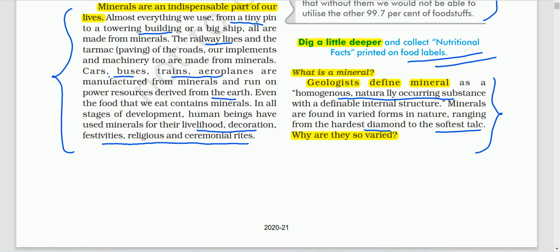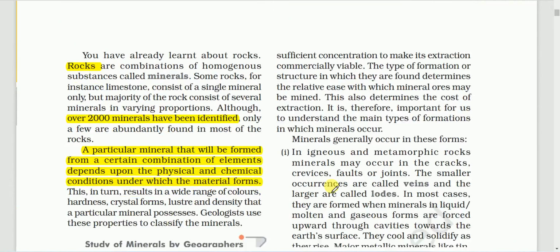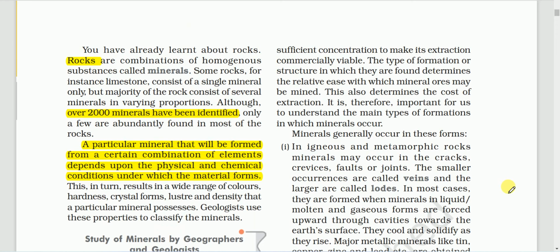And why are they so varied? Some minerals are very soft, and some minerals like diamond are very hard. You may find the reasons. Let us continue. We have already learned about rocks in the lower classes. What do you mean by rocks?